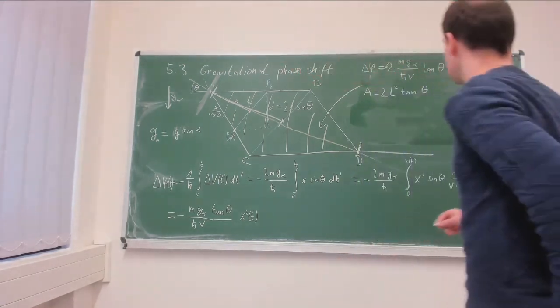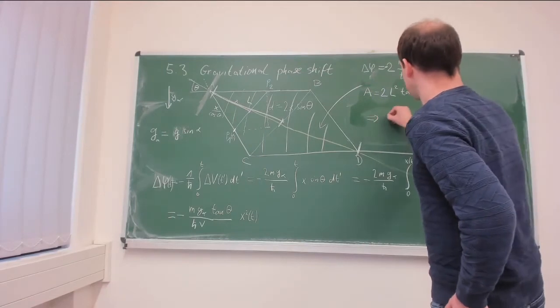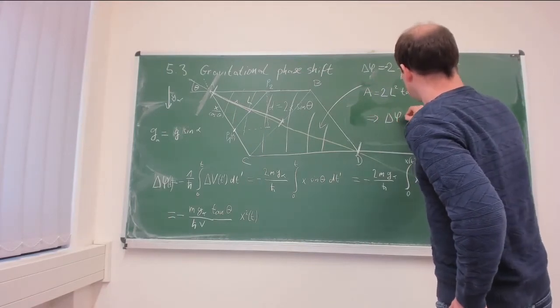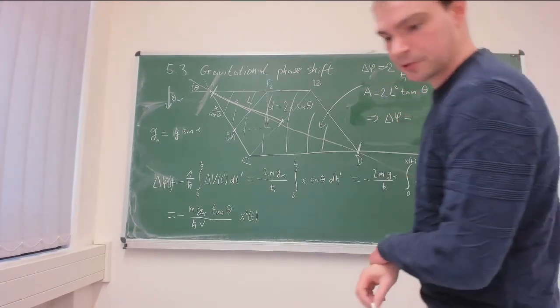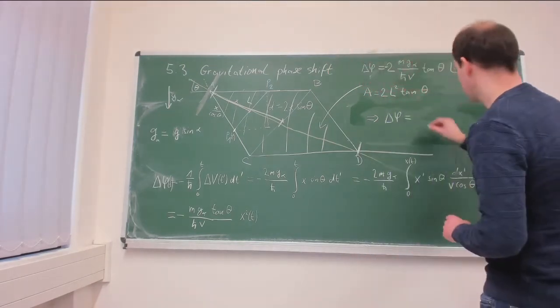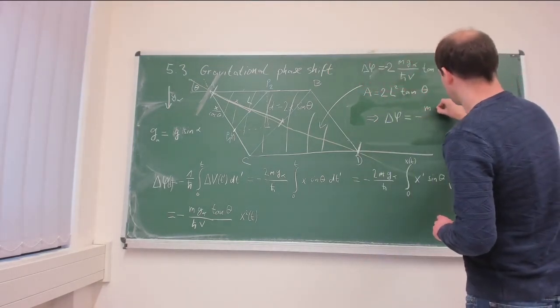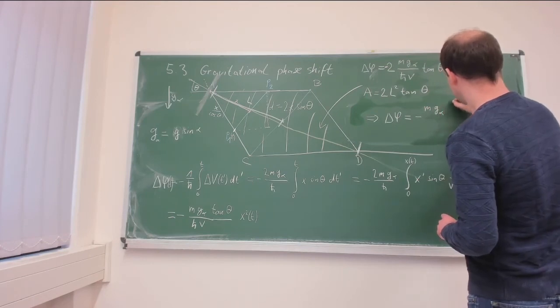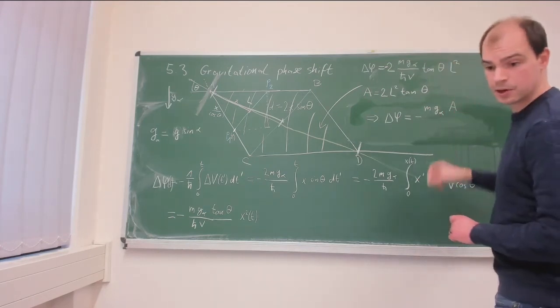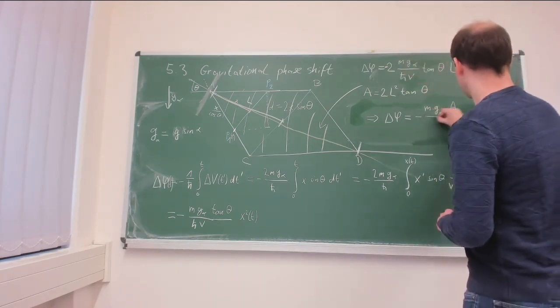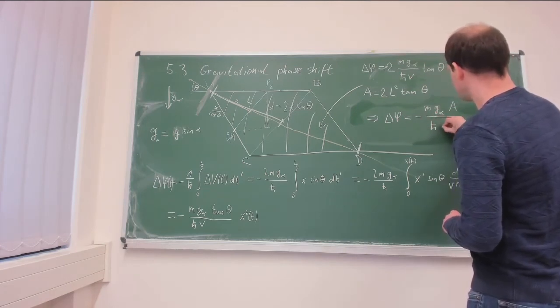If we insert this, then we can express the phase difference delta phi as minus m g alpha times the area of our interferometer divided by h bar v.